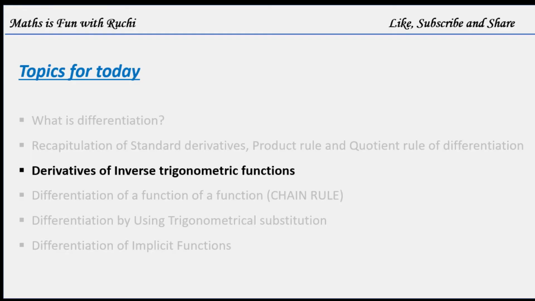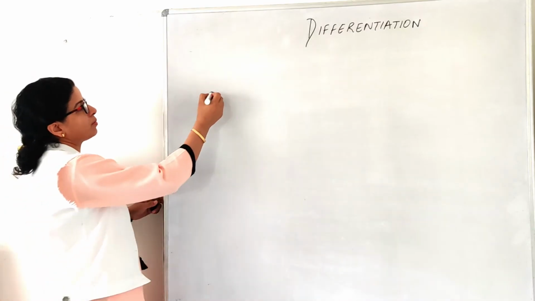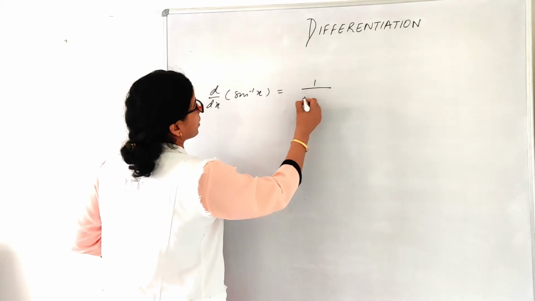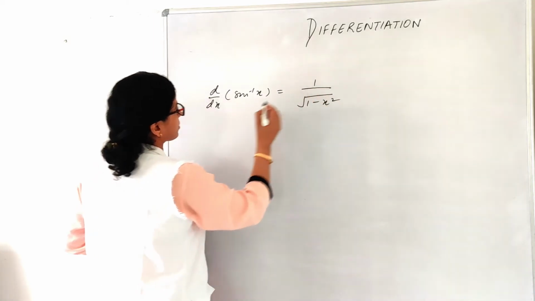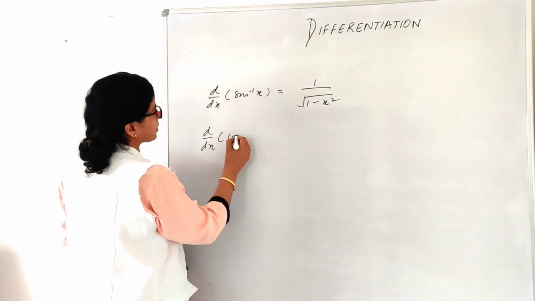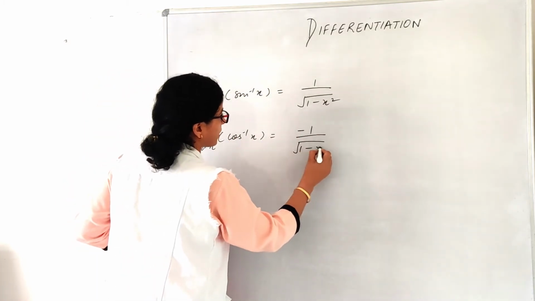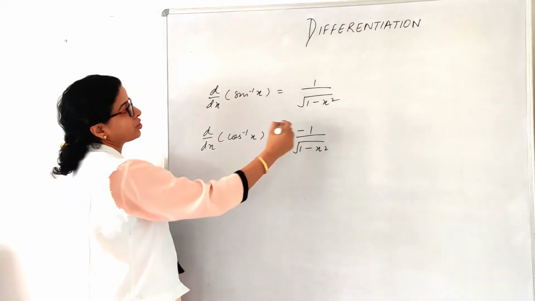Now let us check the derivatives of the inverse trigonometric functions. The derivative of sine inverse x is 1 upon under root 1 minus x square. The derivative of cos inverse x equals minus 1 upon under root 1 minus x square. Almost the same, only the sign changes.